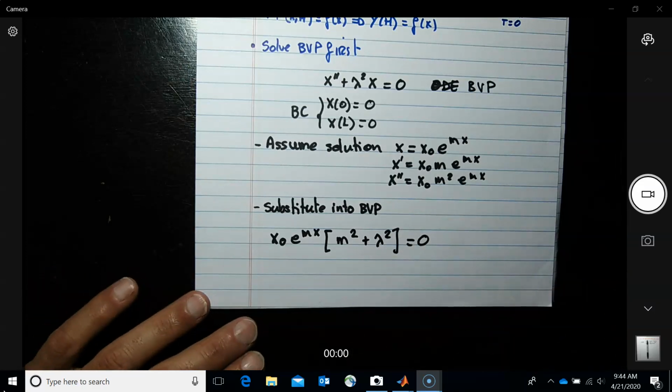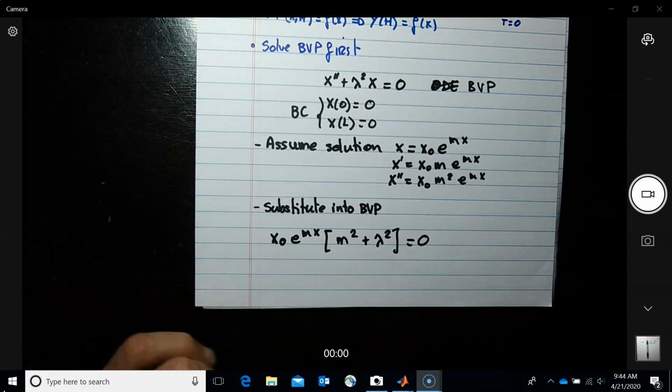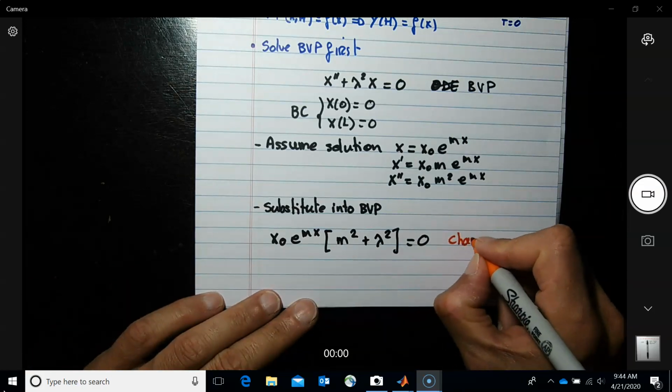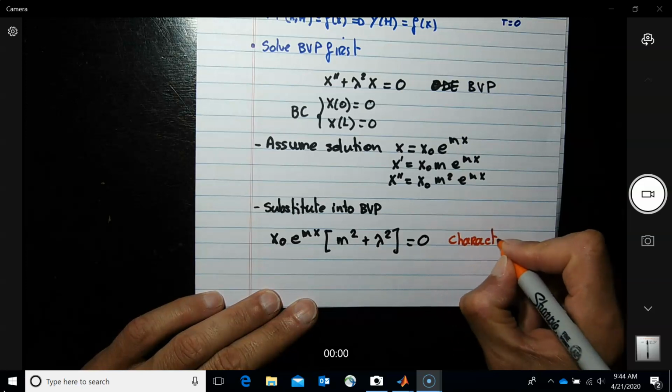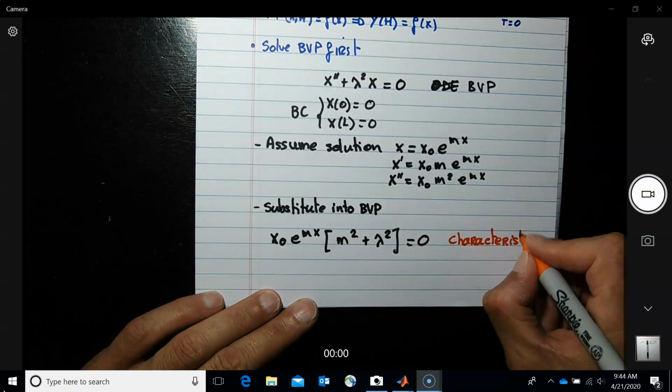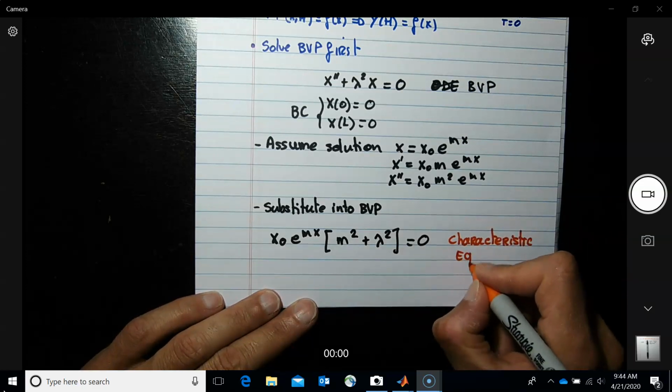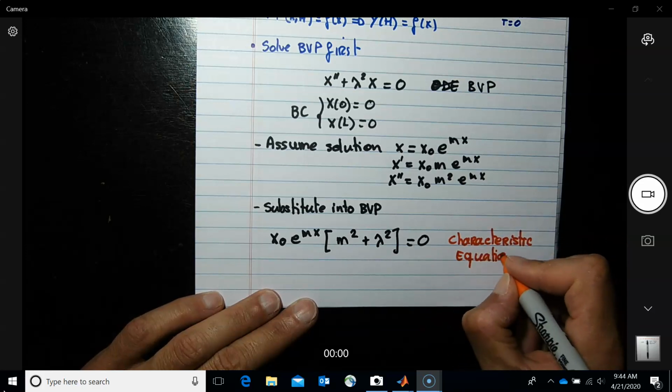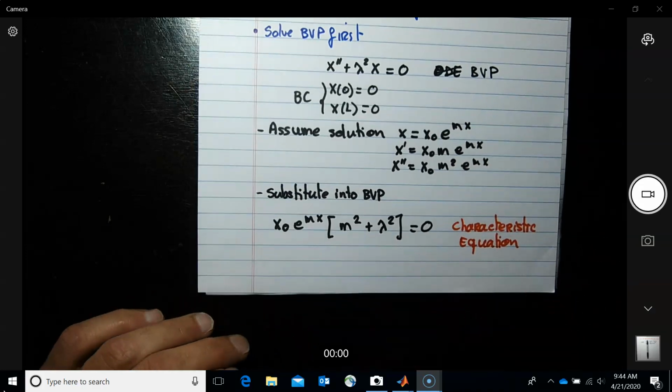And if you remember, what's the name of this equation? This should be the characteristic equation.